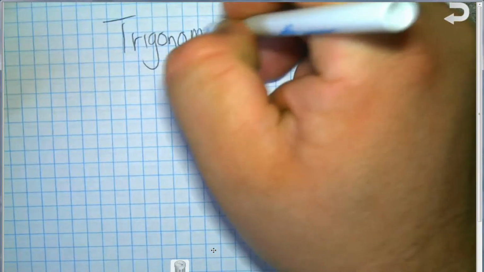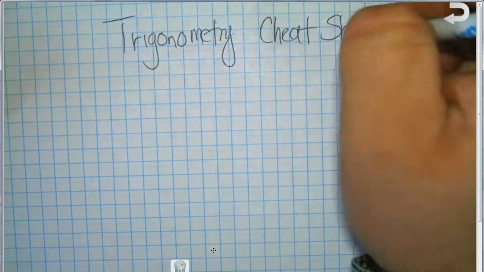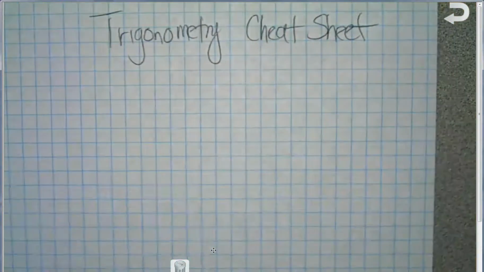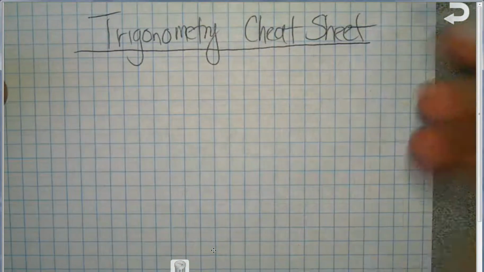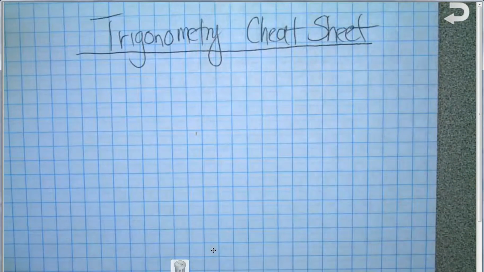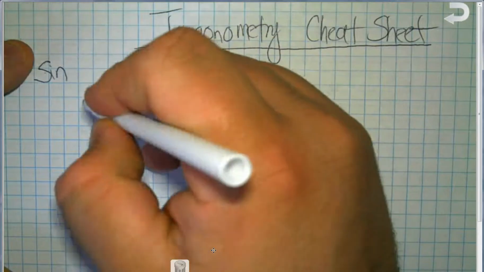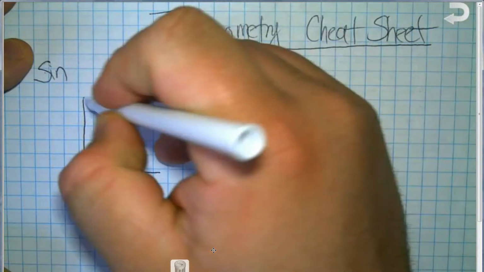Okay, so we're going to label this as trigonometry cheat sheet. First, we're going to do it for sine. So I want to draw three triangles here.